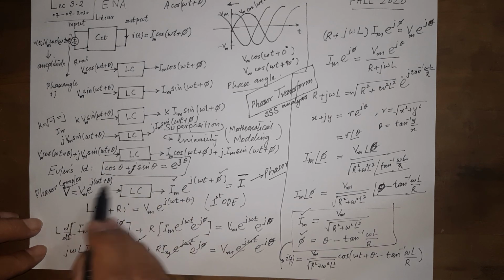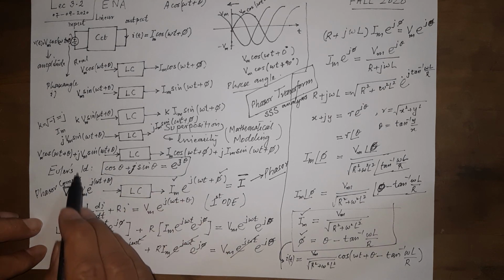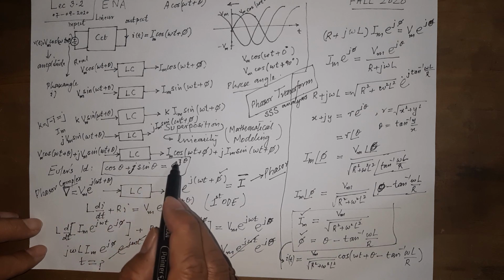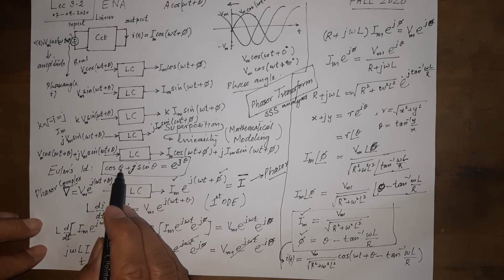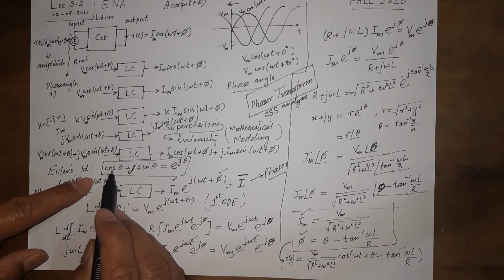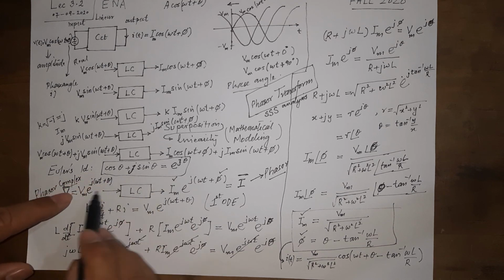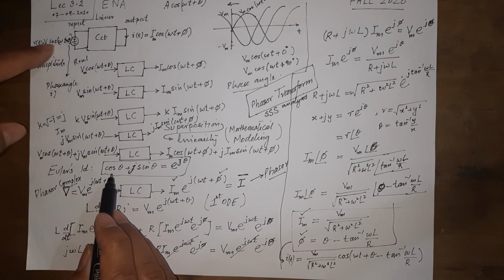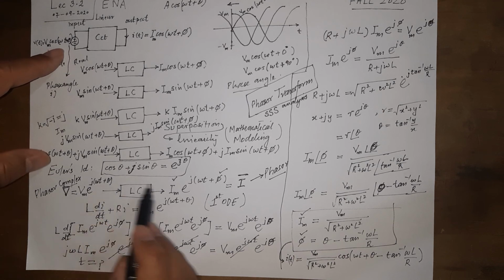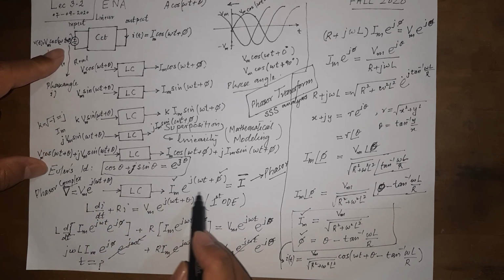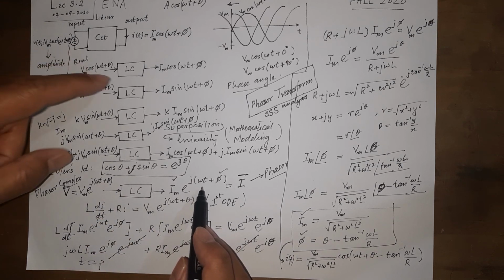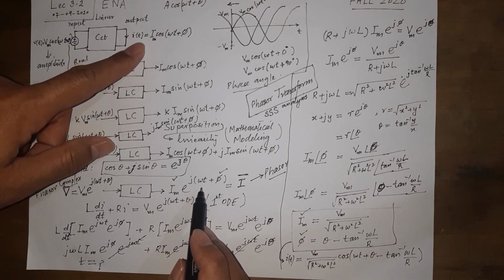Using Euler's identity, we can convert this from polar form to rectangular form, and you can very easily see that the real part of this complex number is what was our original signal. So the real part of this complex number is what is going to be the output that we desire.